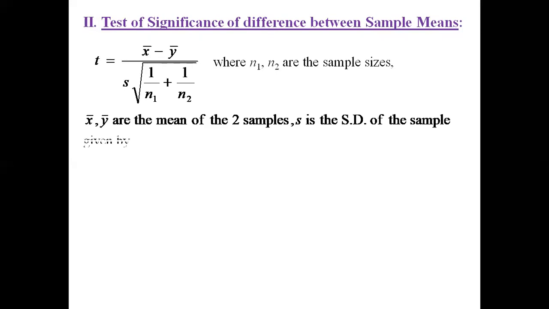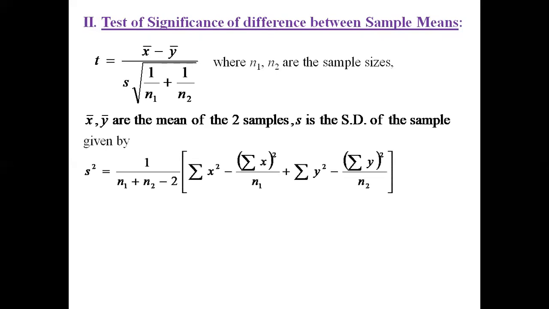S is given by the variance S square equal to 1 divided by n1 plus n2 minus 2 multiplied by summation x square minus sum of all x whole square divided by n1, plus summation y square minus sum of all y whole square divided by n2.